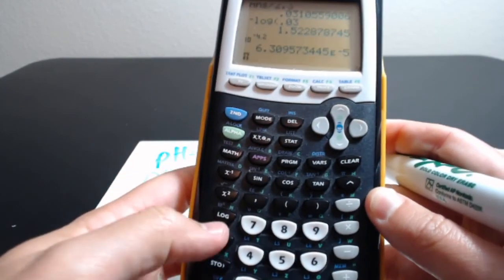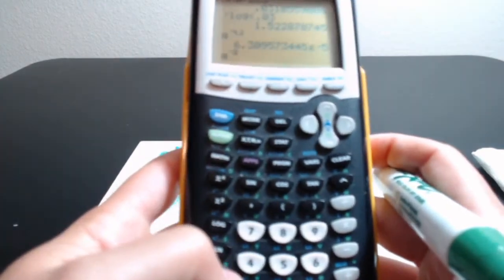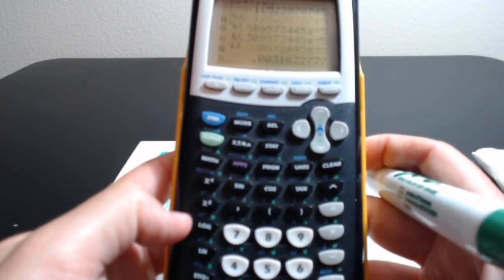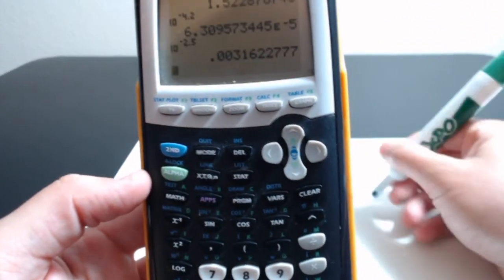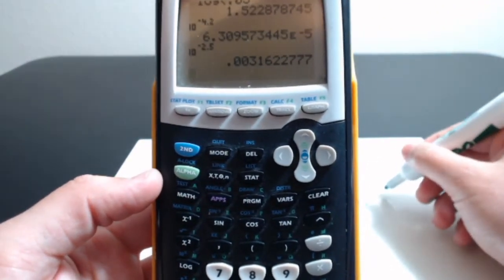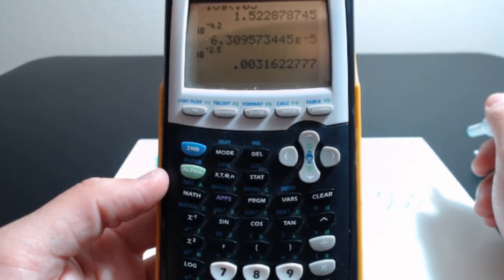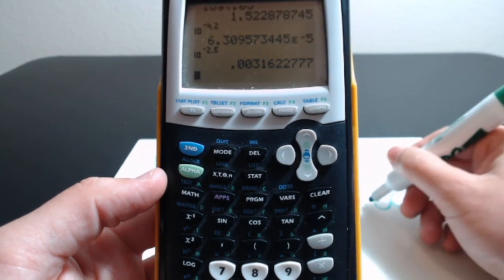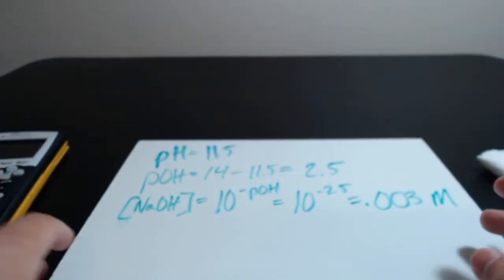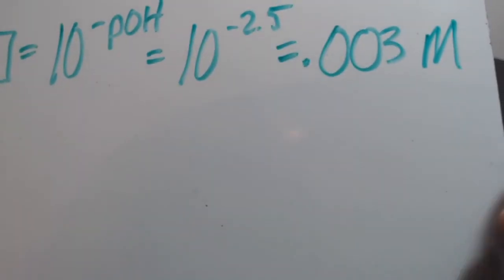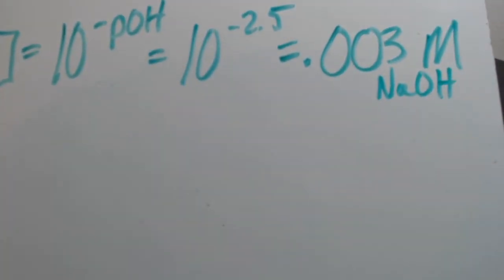Second log, negative 2.5 and enter. We don't have to do scientific notation on this one. That's nice. So 0.003. If you put 0.0032, that's fine, but I'm going to leave it at 0.003. That is our molarity of our base, molar sodium hydroxide.